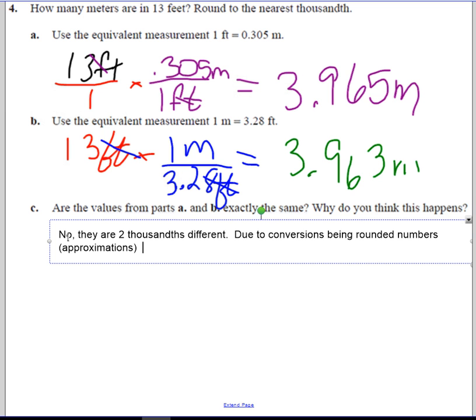So the more you round something, the more it could be further from the true value, just like we know from before using pi. If we use 3.14 versus the actual pi button on the calculator that extends to more decimal places, we can get a little bit different results.